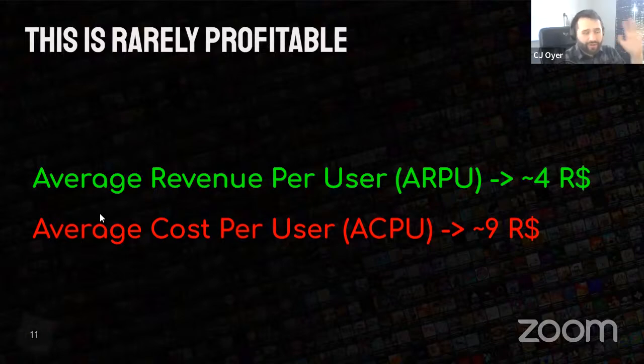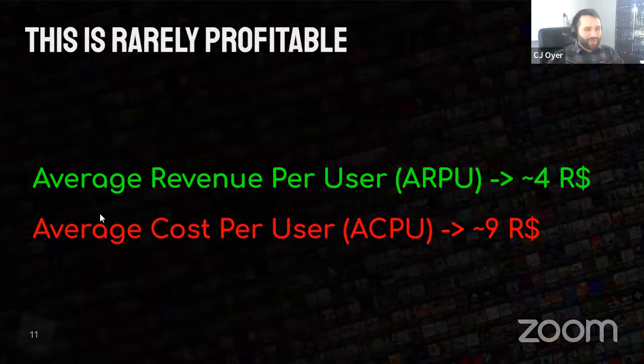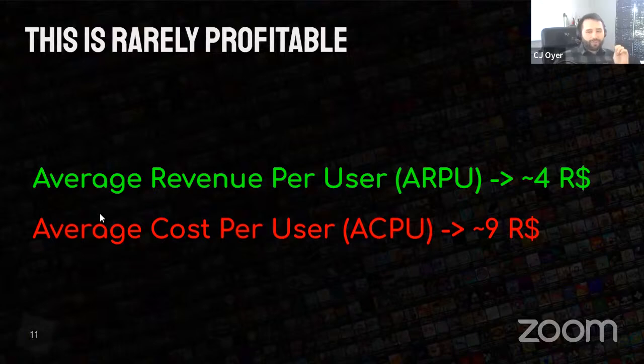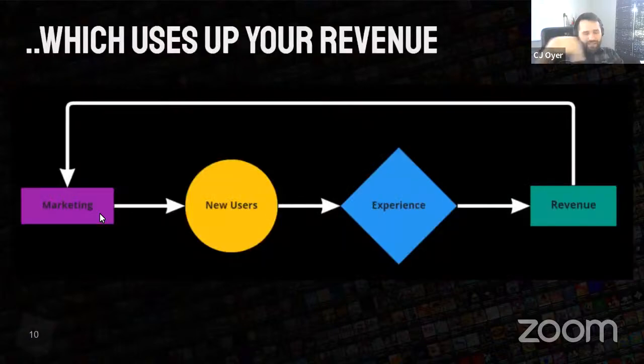It really can vary. If you're really good at marketing, you can lower that cost, but I'm just assuming here that we have some graphic design skills, but we're not experts. And as you can see, even if you do a really good job, you're never going to be consistently hitting those average revenue per user numbers. And so this model right here is unsustainable. You will burn through your revenue and never make a profit.